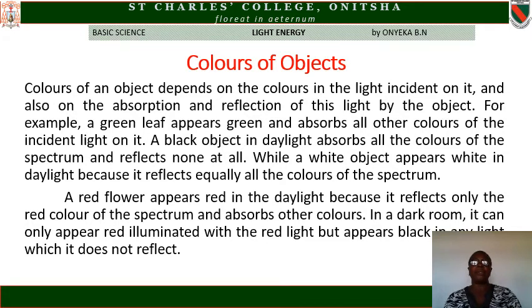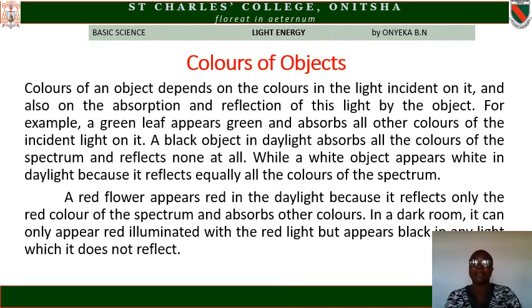A black object in daylight absorbs all the colors of the spectrum and reflects none at all. That is why you see the object as black, because it absorbs all the 7 colors of the spectrum, and you will not see anything.